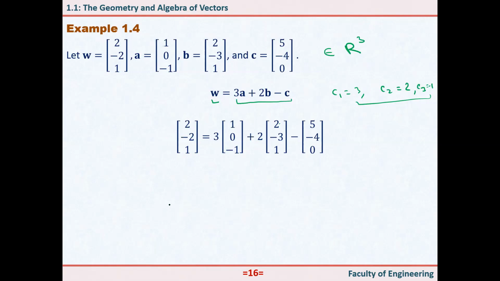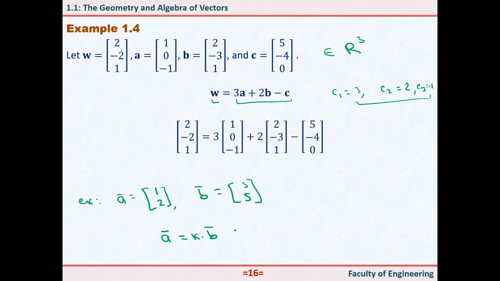For example, the last example: vector A whose components are 1 and 2. Vector B is, let's say, 3, 5. If I ask you, is A a linear combination of B? Here we have only two vectors, right? So that means, can you write A as K times B? Can you find such a number? We cannot, right?